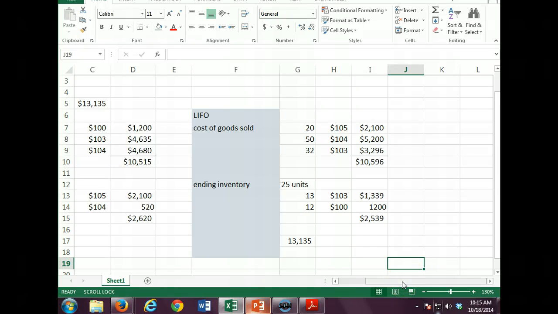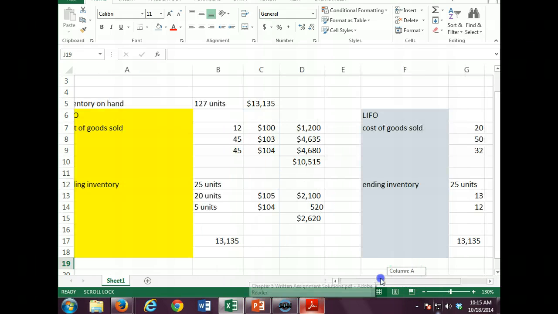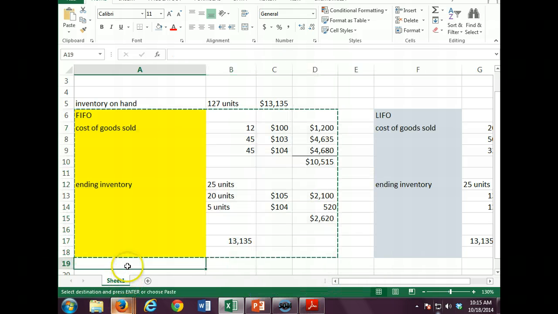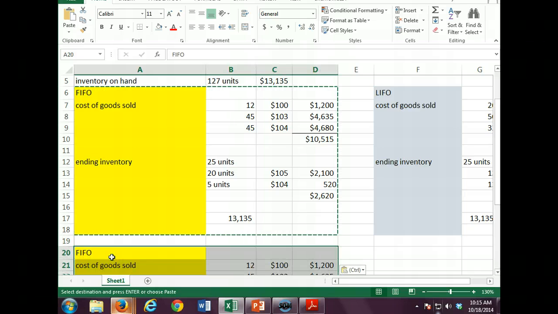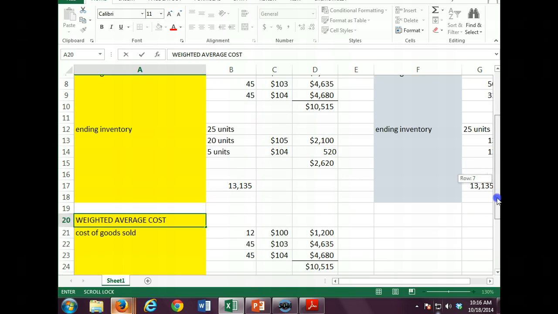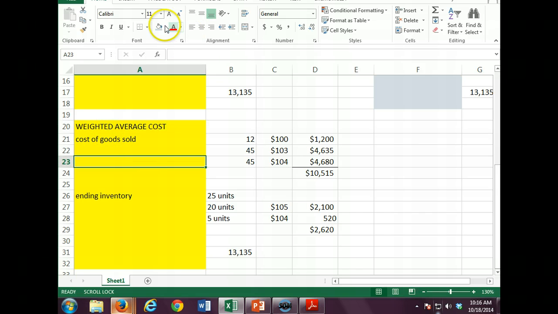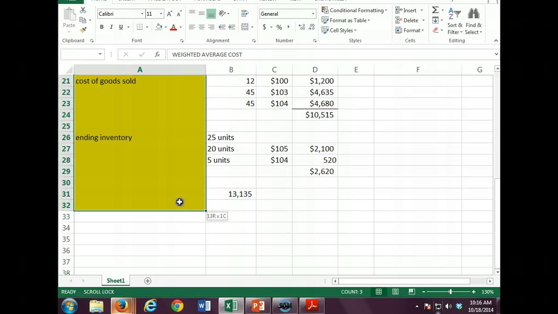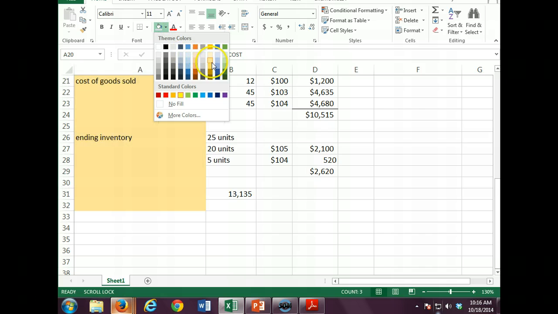So what we're going to do here is come up with a weighted average cost under this method.